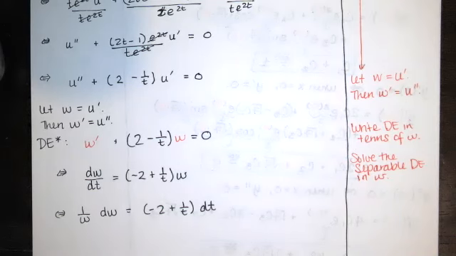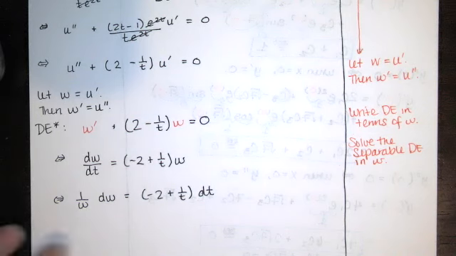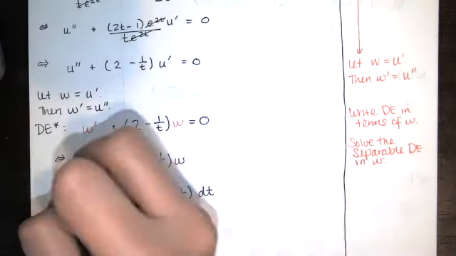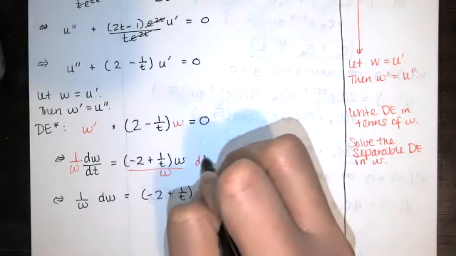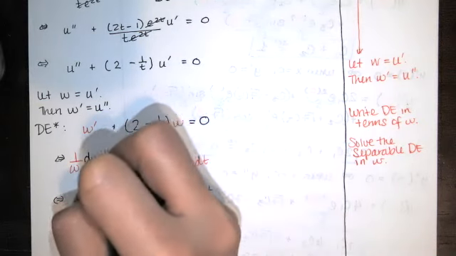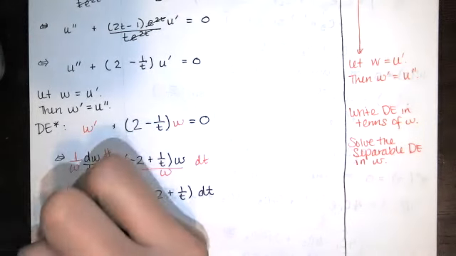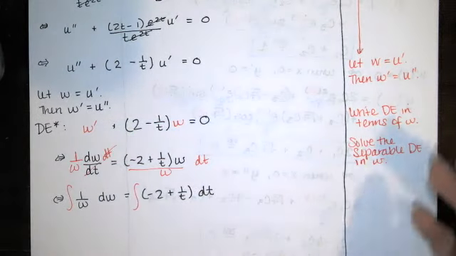And then we'll anti-differentiate both sides. We've separated the variables by dividing by w and then multiplying by dt. Okay. And now we anti-differentiate.